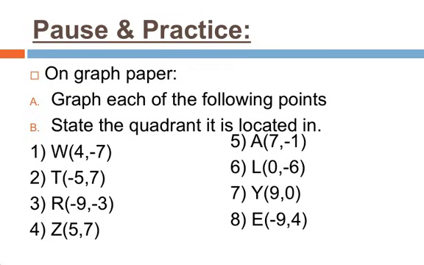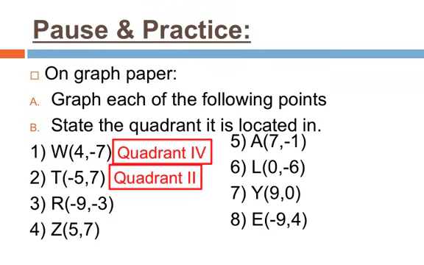So let's go over our answers. For the pause and practice on graph paper, A, graph each of the following points, and B, state the quadrant it is located in. So, for number 1, it's located in quadrant 4. For number 2, T is located in quadrant 2. For number 3, R is located in quadrant 3.